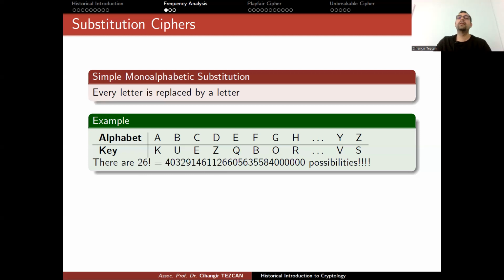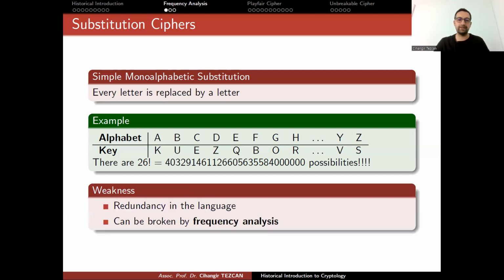So this is why, for a very long time, people used this kind of encryption algorithm in the past. It was secure for a very long time, but then it got broken, okay? Not by performing a brute force attack, but by performing frequency analysis, which is a very clever way to attack the system.